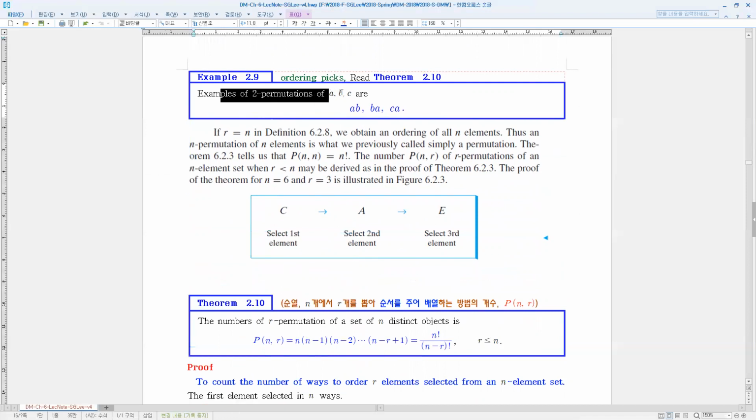Example: the 2 permutations of ABC are, choose 2 out of ABC. So A gives AB, AC, and BA. You know, 2 permutations AB, BA, BC, CA.